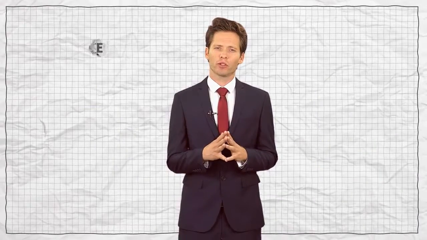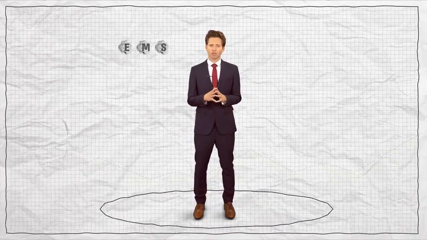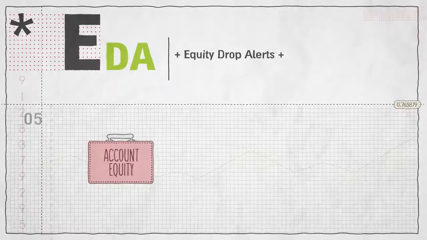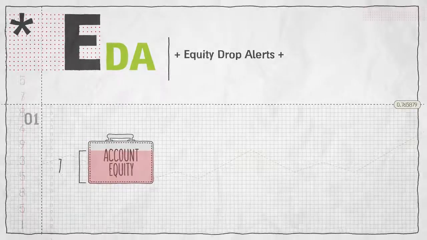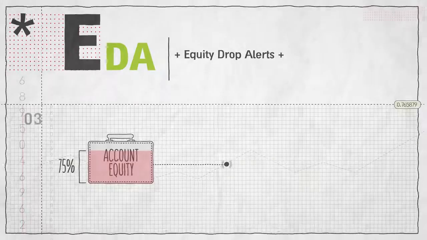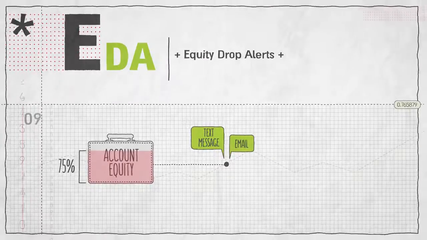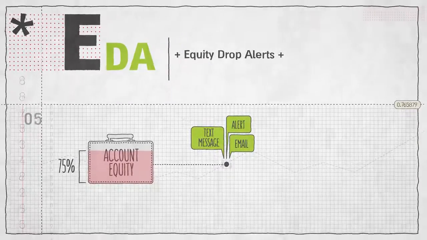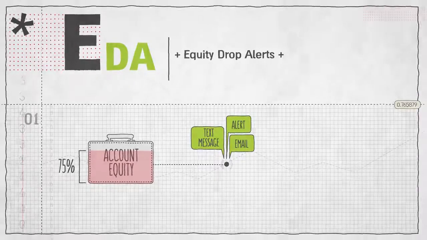UFX has a number of alerts built into the trading platform, notifying you of potential risk to your trading activities. Equity drop alerts. When your equity decreases to a low level where 75% of your account equity is at risk, we'll notify you by text, email, and with a trading platform alert asking you to monitor the trade and take action.